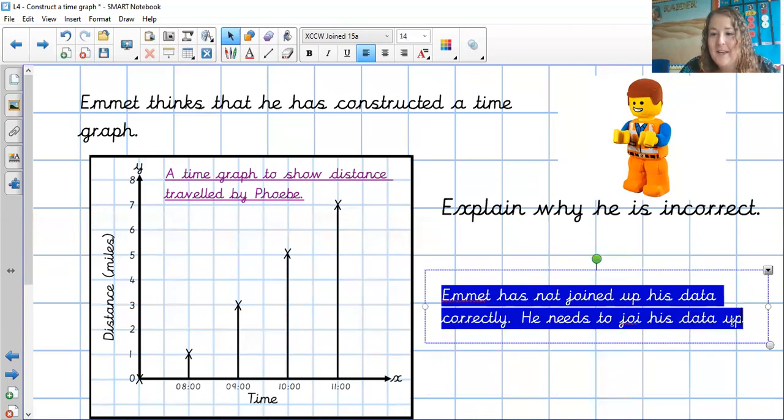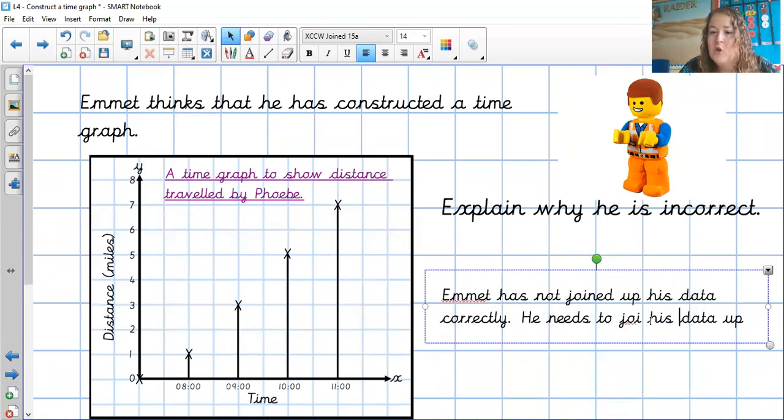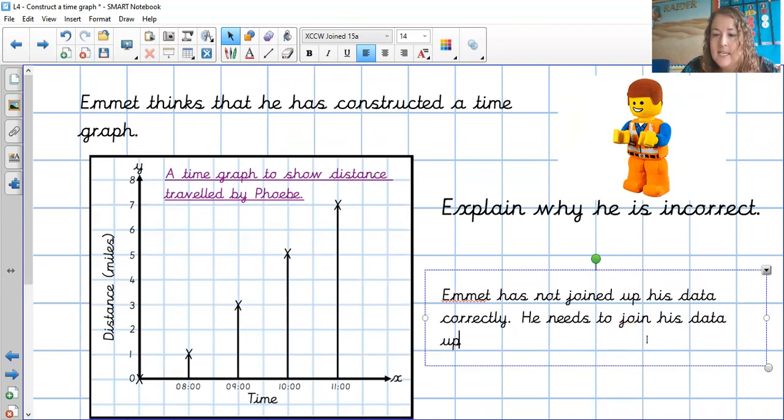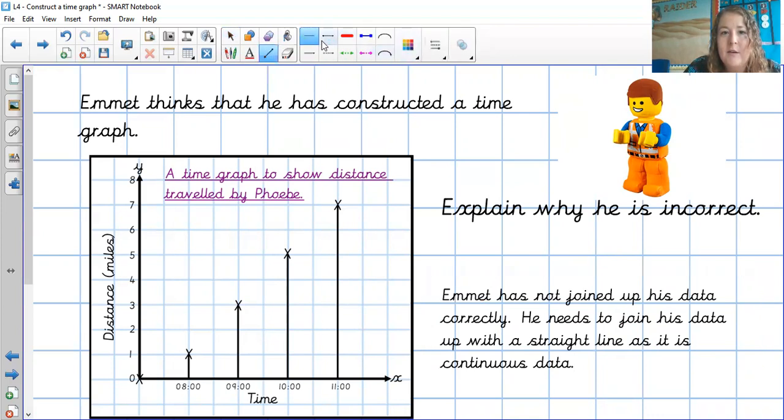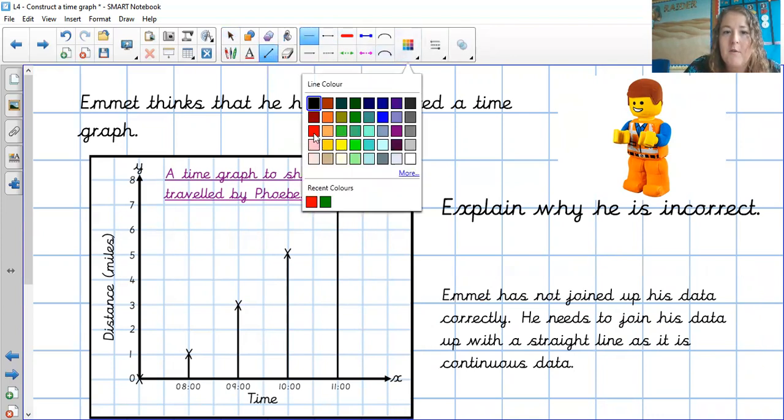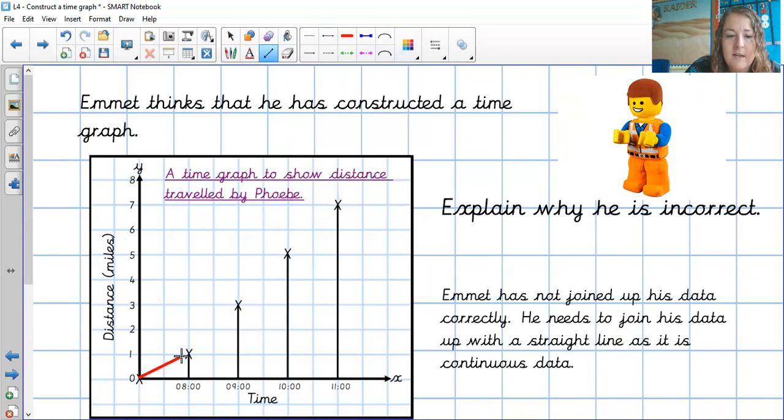There we go. Emmett has not joined up his data correctly. He needs to join up his data with a straight line as it is continuous data. And normally I know that we like you to show what he could do to improve it, or show the right answer. You can even show me what he should have done with those straight lines.